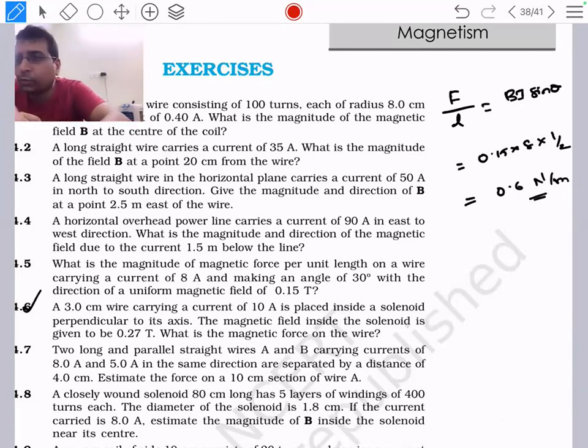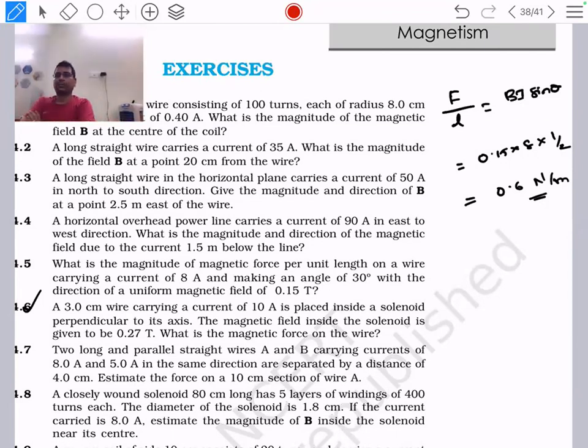Next, let's try 4.6. A 3 centimeter wire carrying a current of 10 ampere is placed inside a solenoid perpendicular to its axis. The magnetic field inside the solenoid is given to be 0.27 Tesla. What is the magnetic force on the wire?